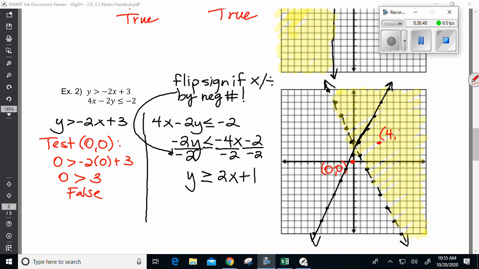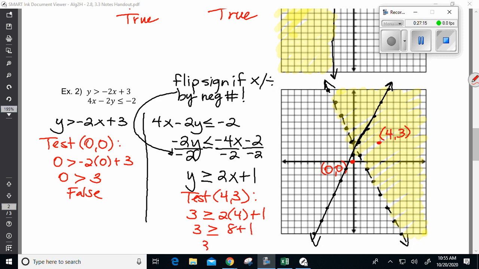As you can see, the more you have on a graph, the more involved the problem gets, which means the more you have to pay attention to what you're doing. So let's test it. 3 greater than or equal to 2 times 4 plus 1.